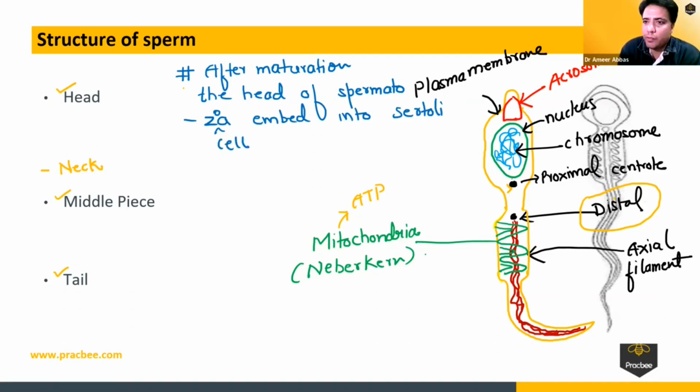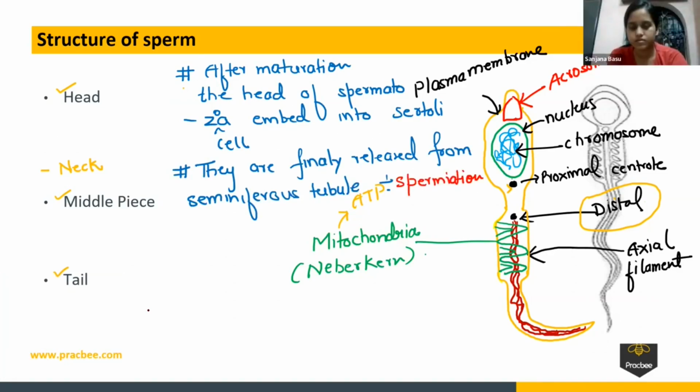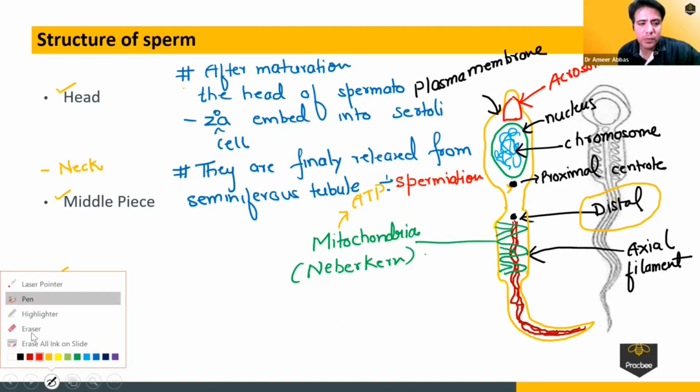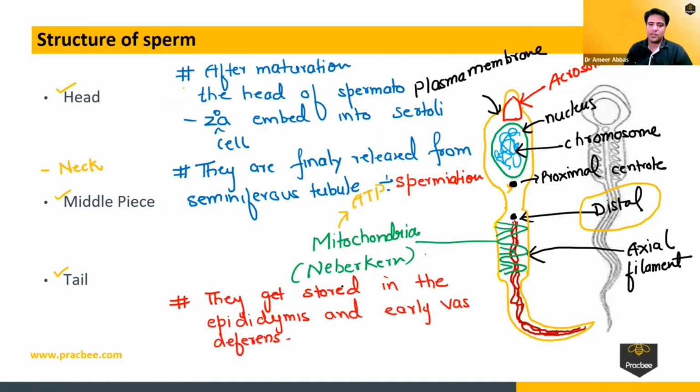When they are fully nourished, they are released from the seminiferous tubule, and this process is known as spermiation. Now what will happen to this mature sperm? Where will they get deposited? Epididymis and early vas deferens, where they get nutrition, physiological maturation, fertilizing capacity, and all.